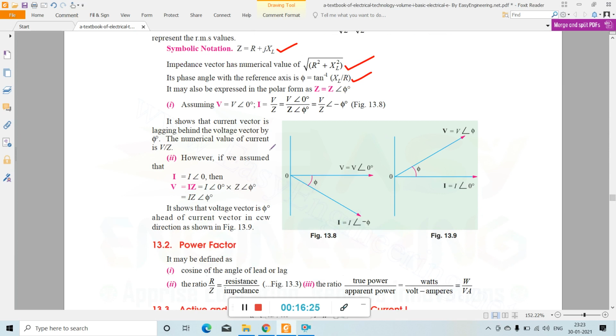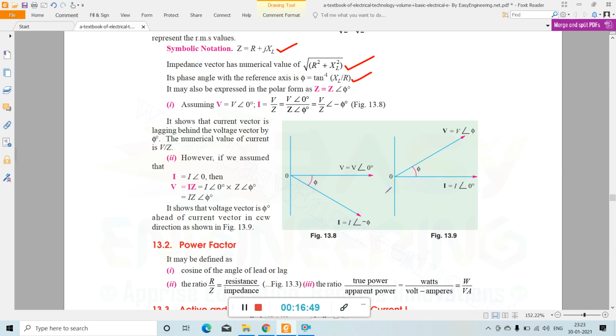These are drawn here. See, the current vector is lagging behind the voltage vector by an angle phi. So the numerical value of current is V by Z. If I is equal to I angle 0, this is drawn here. Then V is equal to I into Z, that is I angle 0 into Z angle phi, that is IZ angle phi. This is drawn here.